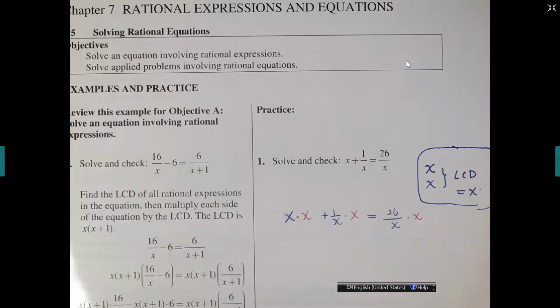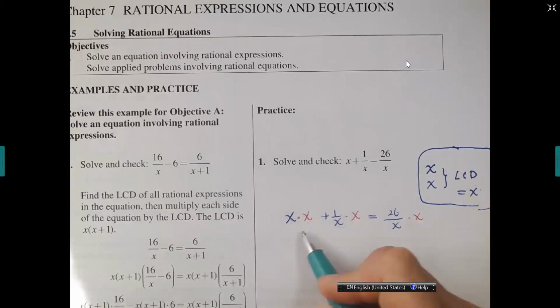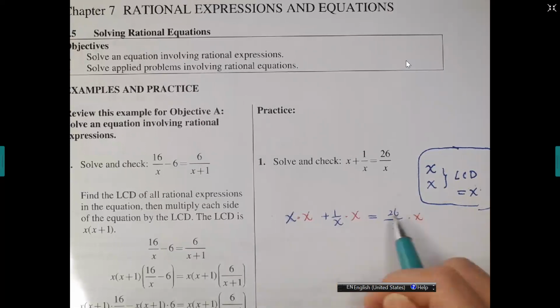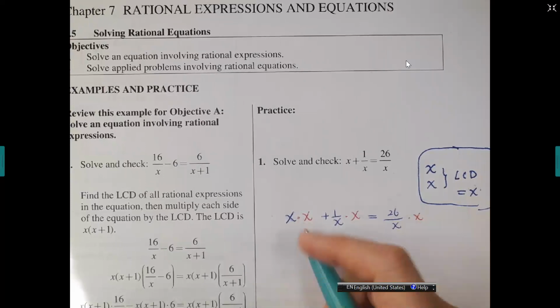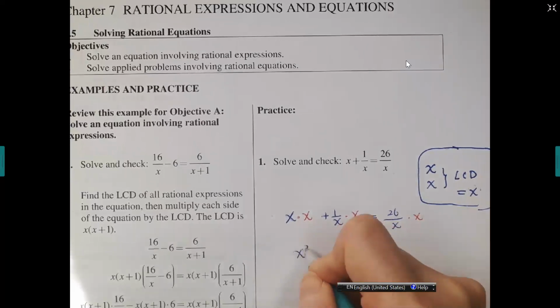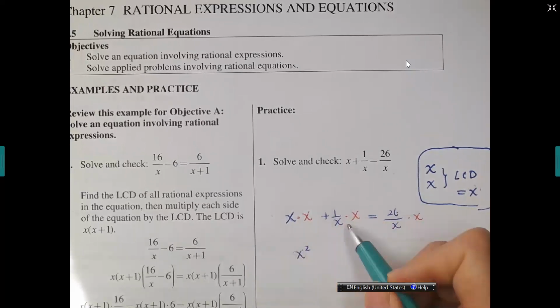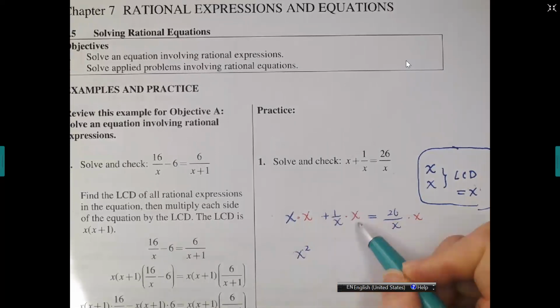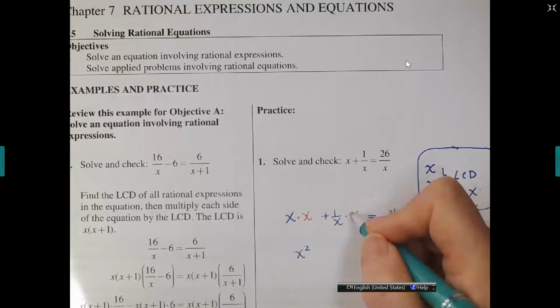Now let's see what happens. Carry out the multiplication one by one from left to right. The first one, x times x, turns into x squared. The second one, this is not new to us. We have done this before when we multiply a rational by a polynomial. This polynomial means it is staying on the top. So we just do the cancellation, divide. x divided by x equals what?